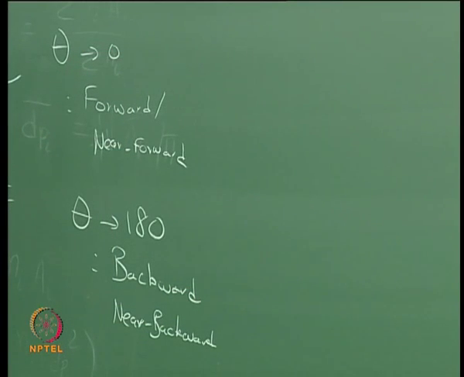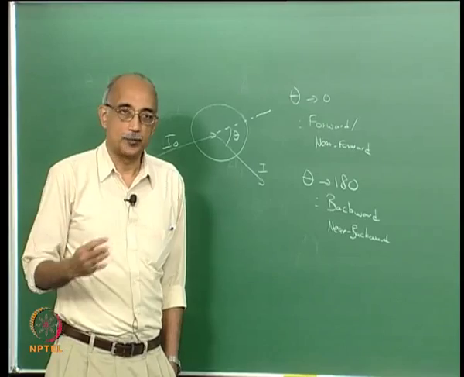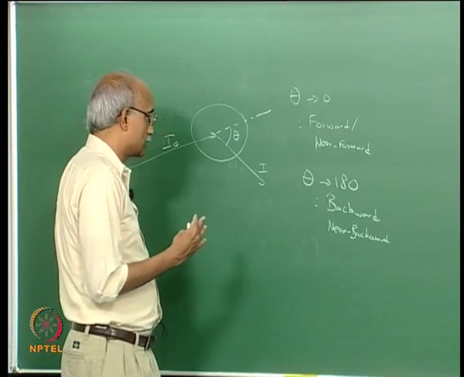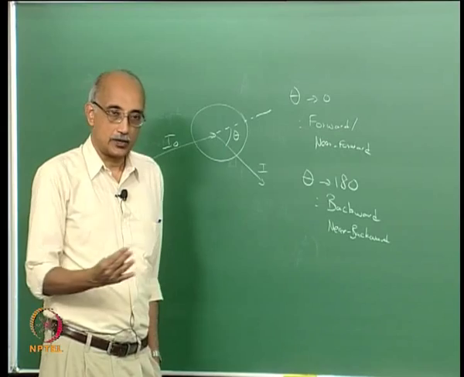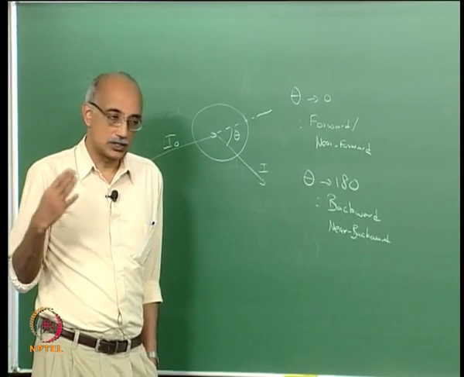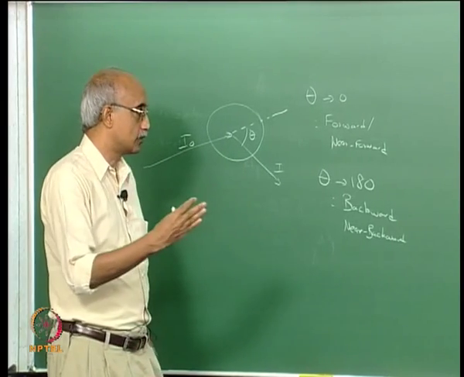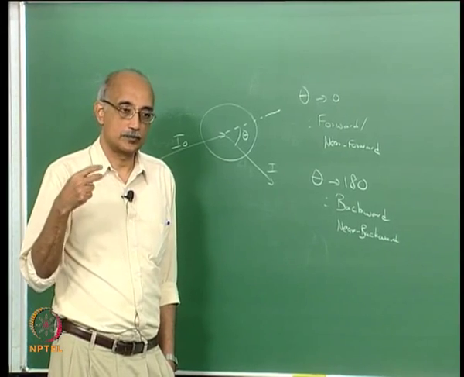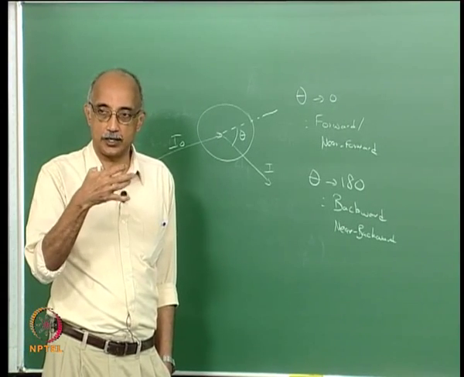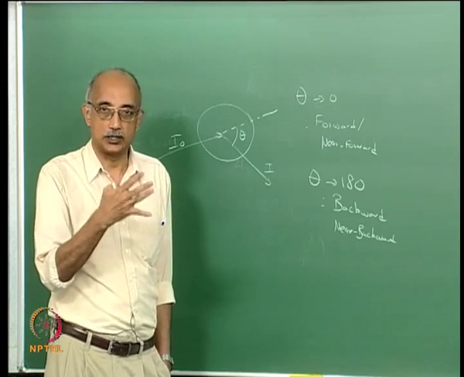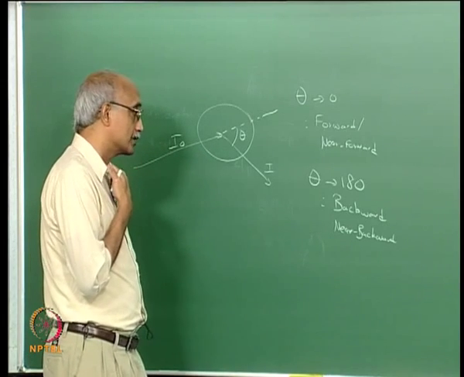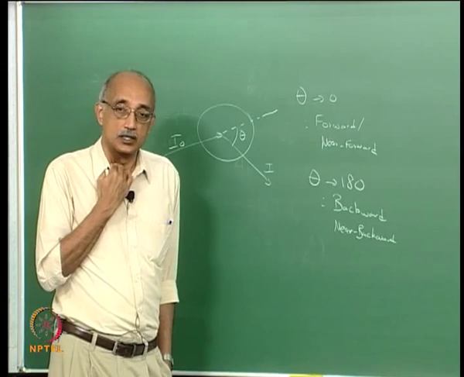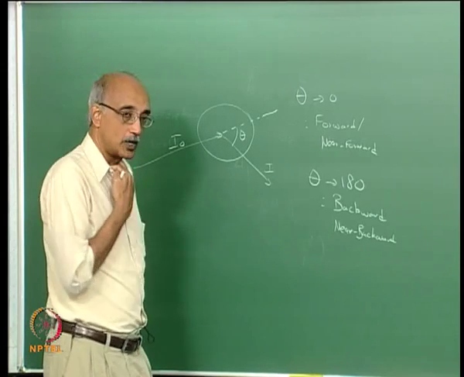And so, you have to design your optics appropriately. If you know that your scattering characteristics are such that much of the light is going to get scattered in the forward region or the near forward region, then you design your optics so that you primarily focus on collecting scattered light from that range of theta. Whereas, if your sample is primarily a backward scattering sample, then you design it appropriately.